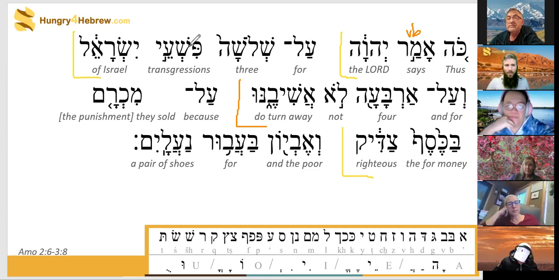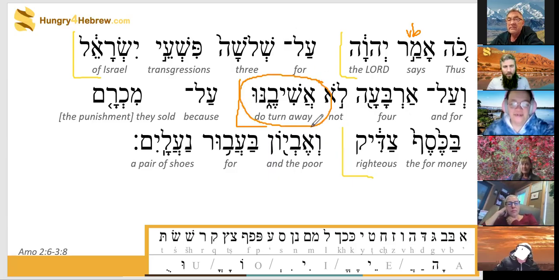Al shlosha pish'ei Yisrael. Well, that's not a complete sentence. There's no verb. I could waste our time and say, where's the verb? Let's scratch our heads. No, it's not there. The verb is all the way down here. And so we're supposed to apply it both to this clause and to this clause. And so all of this is just a prepositional phrase.